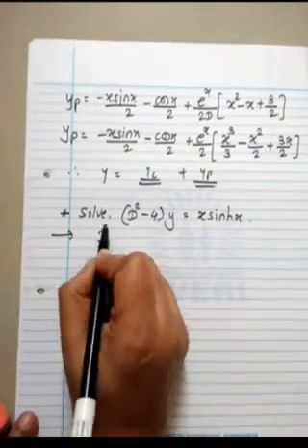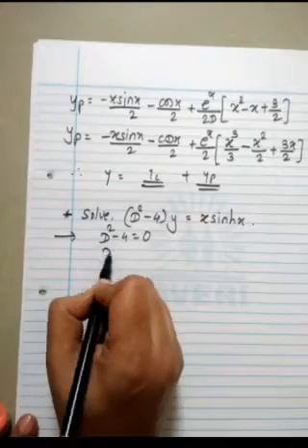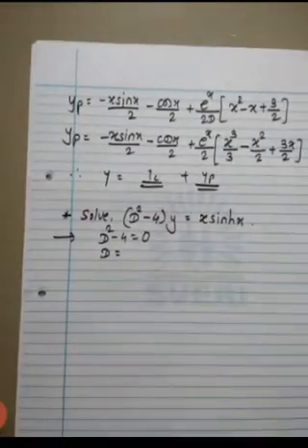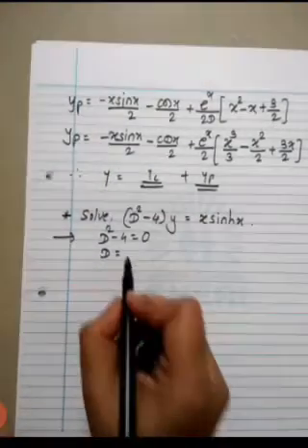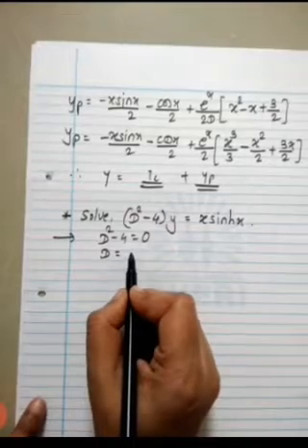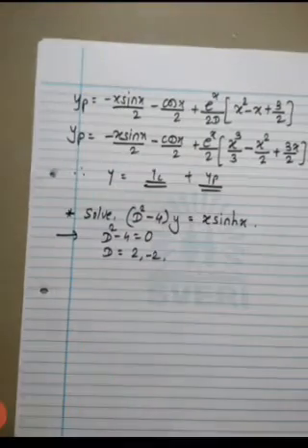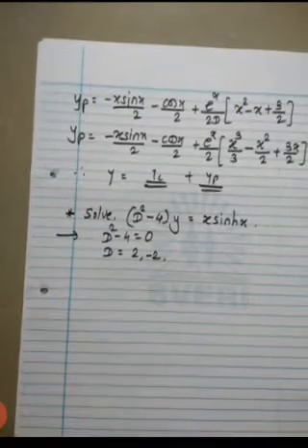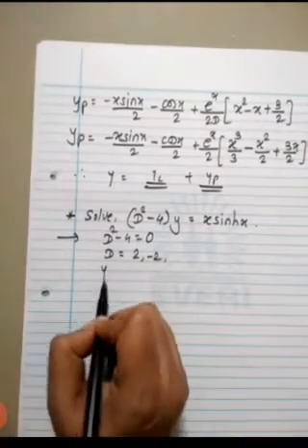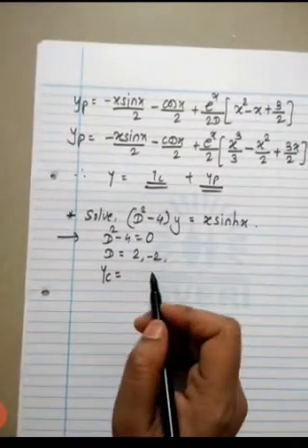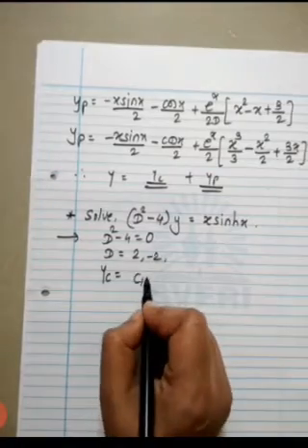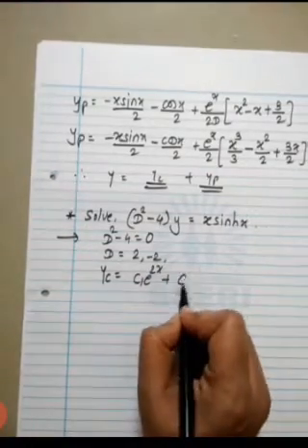What are the roots? Plus or minus 2, 2 and minus 2. So therefore yc is C1 e raised to 2x plus C2 e raised to minus 2x. Good.